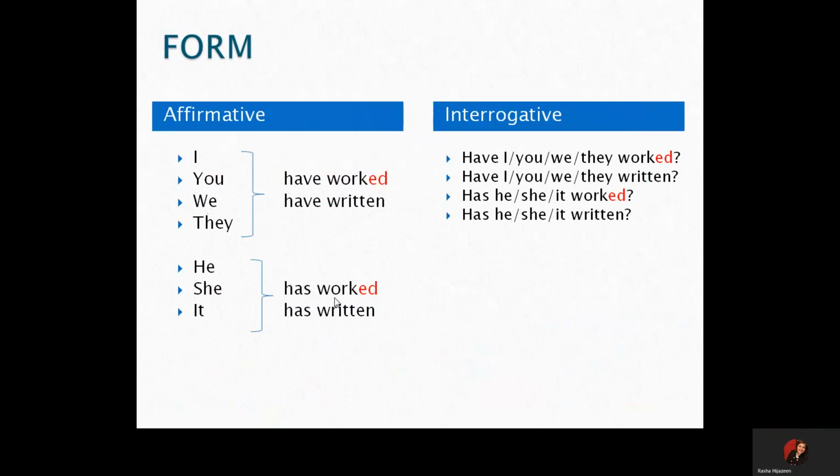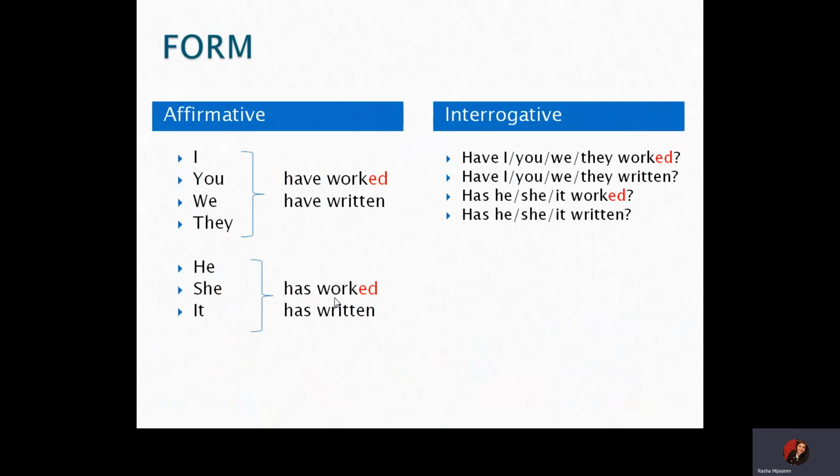Interrogative. Have I worked, or have you worked, or have we worked, or have they worked?